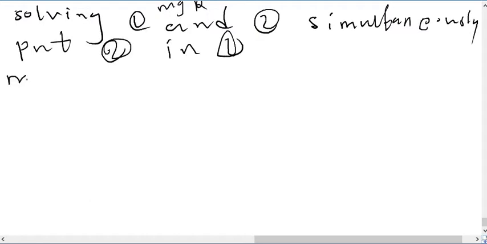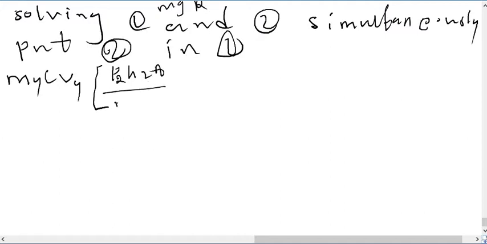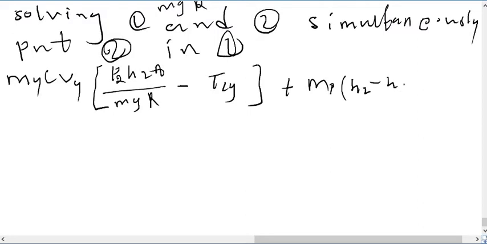So from 1, we have mg Cp of the gas into what is T2 from equation 2, that is P2 H2 times the area all over the mass of the gas times the gas constant, minus T1, then plus mass of the piston into H2 minus H1 is equal to 0.